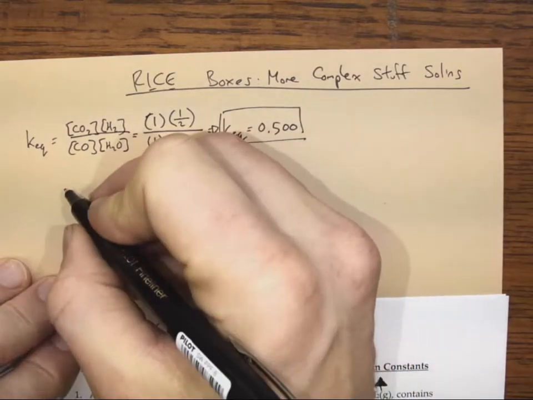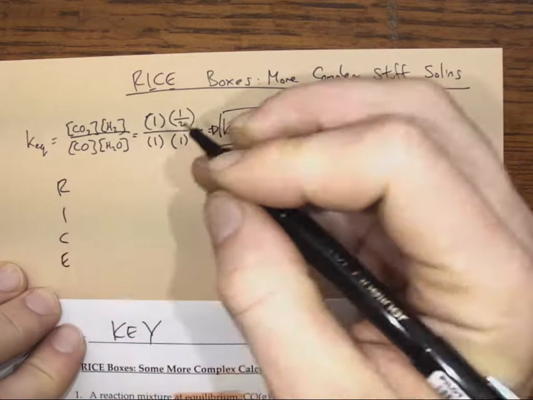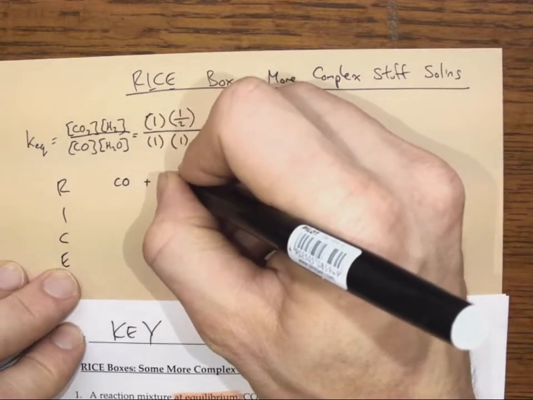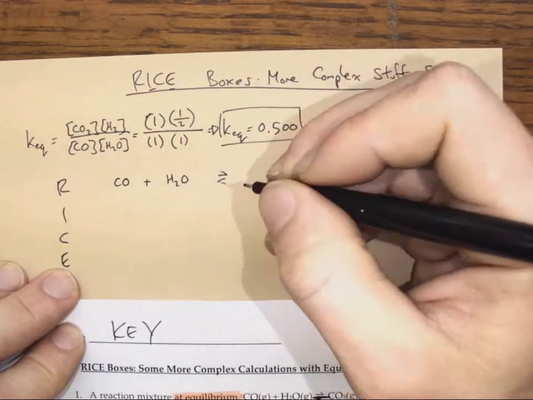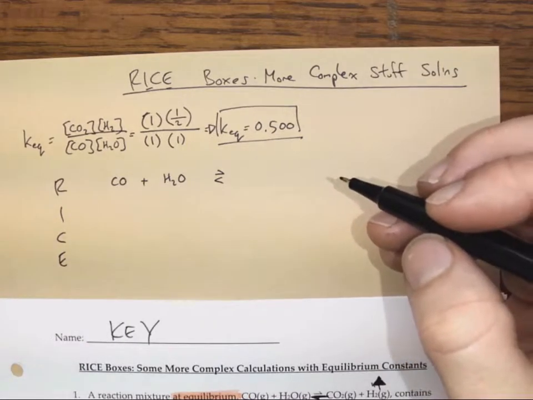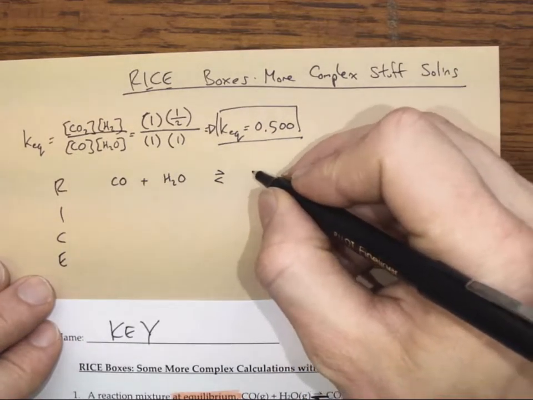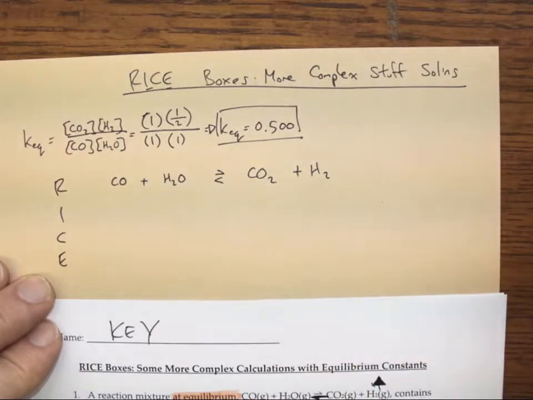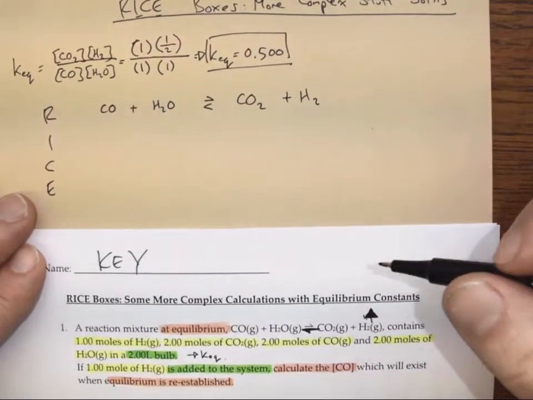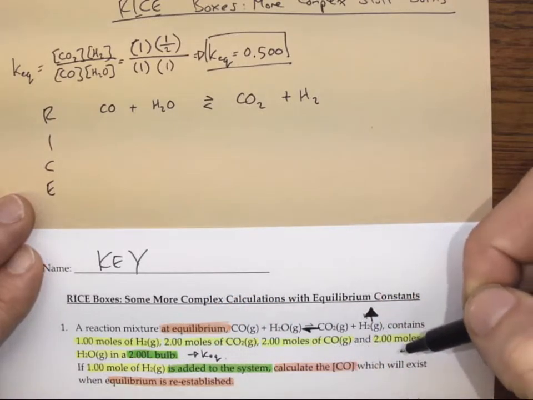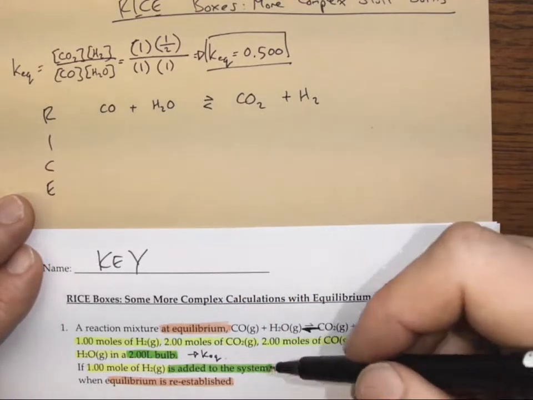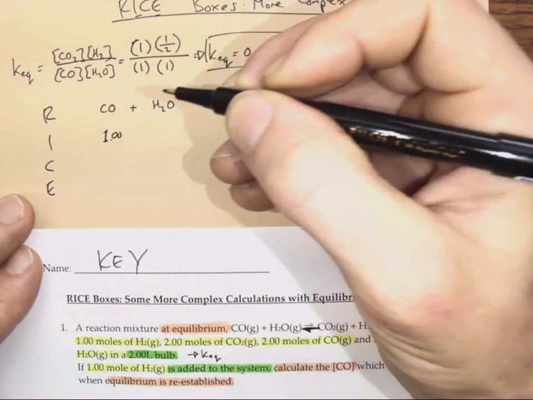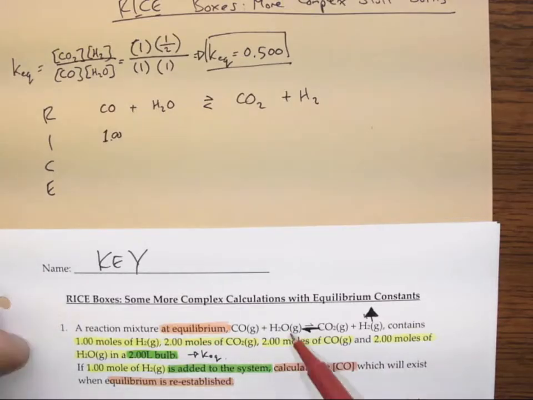So we'll start with a nice rice box. I'll write the reaction out. We've got some carbon monoxide. I'm going to skip listing the phases because the phases are all gaseous. Our initial values, this is really important here: our initial concentration of carbon monoxide is going to be 1.00 moles for every liter, because it's 2 moles for 2 liters.